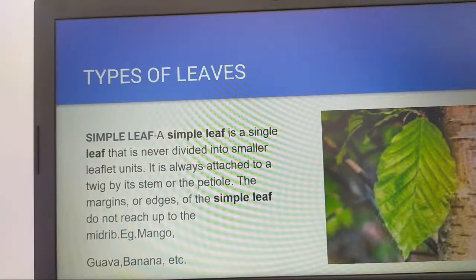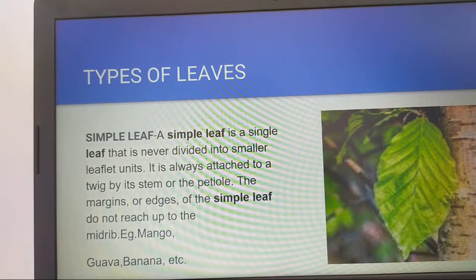Now let's discuss simple leaf. These are the leaves which have the presence of a single lamina. As you can see in the module, it has a single lamina.